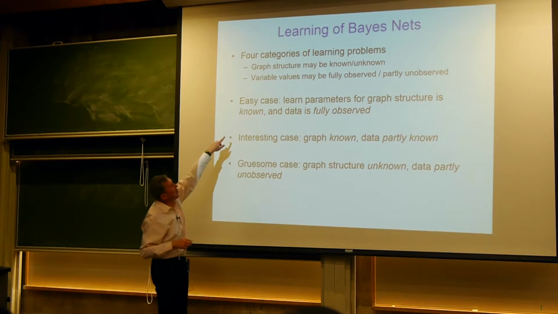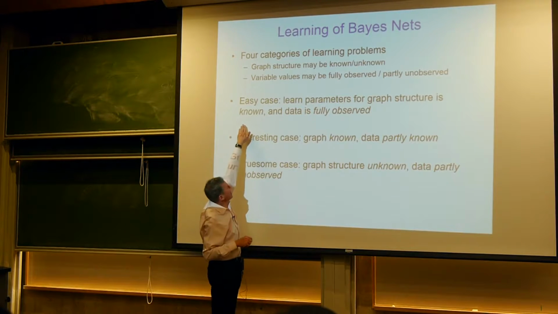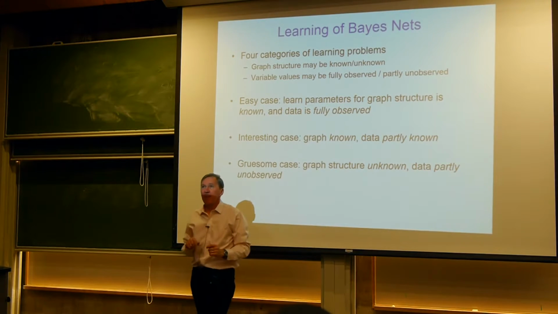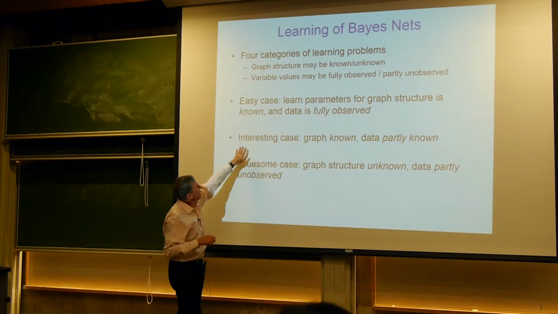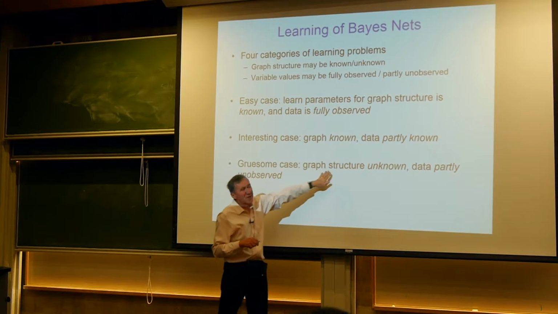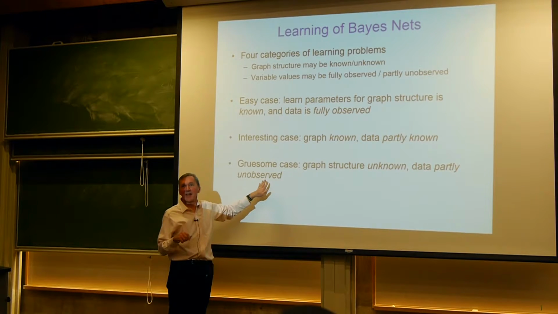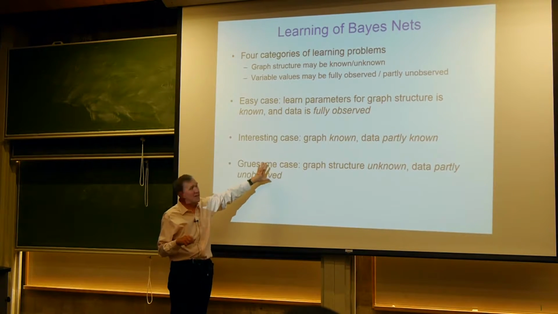The easiest one, of course, is when the graph structure is given to us and the data is fully observed. The hardest one is when the graph structure is not given and we can't even observe all the variables in the data. People do work on this problem, but it's a horrible problem.